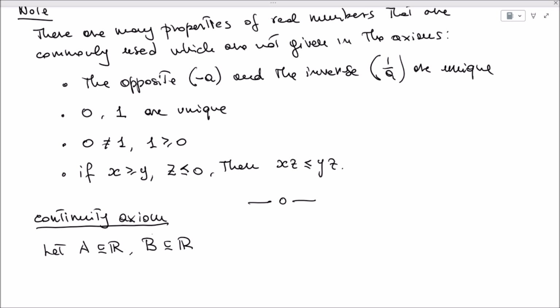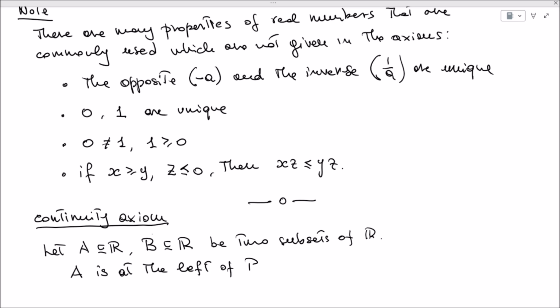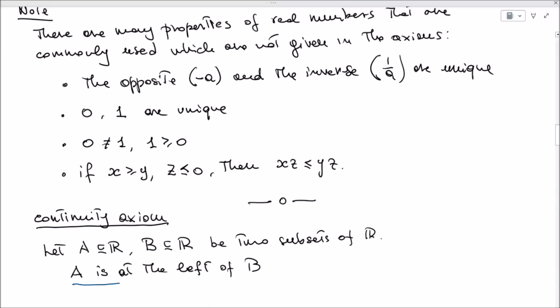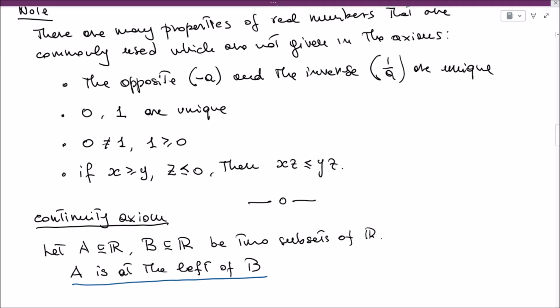So these are two subsets of R. We say that A is at the left of B.